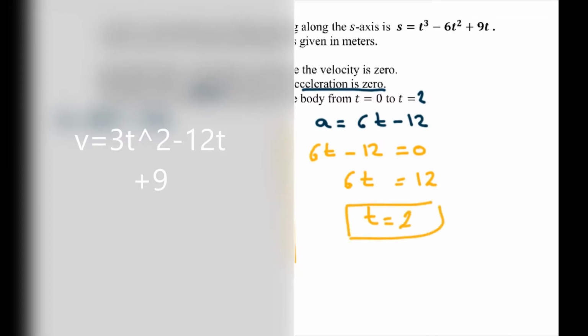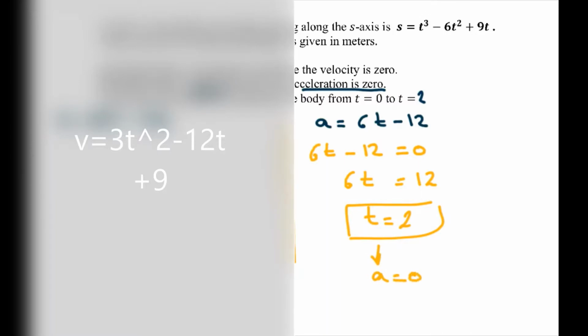Now we need to find the speed each time the acceleration is 0. So we need to find when the acceleration equals 0. I'm going to take this equation, make it equal to 0, and solve it. So at t equals 2, a was equal to 0.